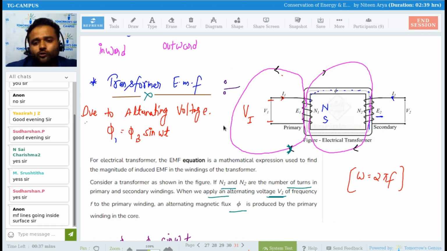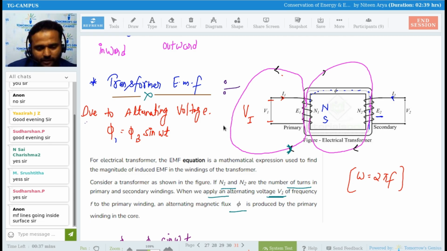And when this flux passes through the other coil, again a magnetic flux is generated. Clear, everyone? This generation of EMF due to the transformer effect is known as transformer EMF.